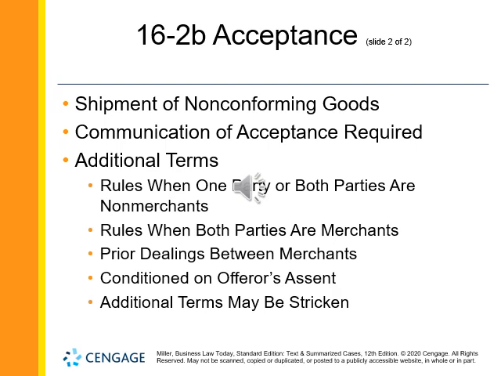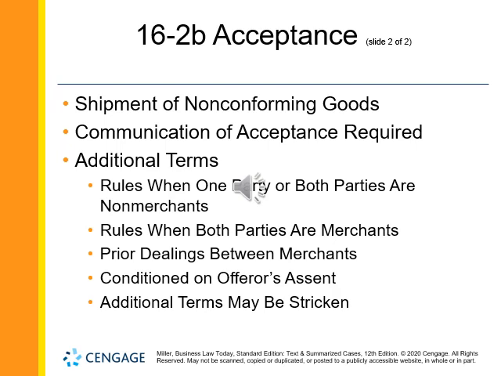To reiterate, the prompt shipment of non-conforming goods constitutes both an acceptance, which creates a contract, and a breach of that contract. But that rule does not apply if the seller seasonably notifies the buyer that the non-conforming shipment is offered only as an accommodation.